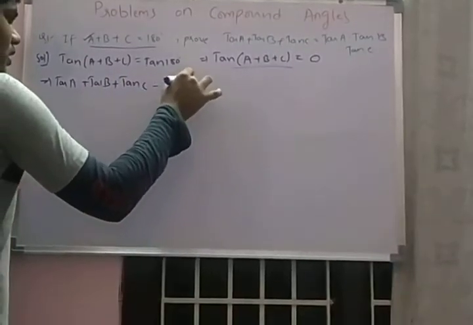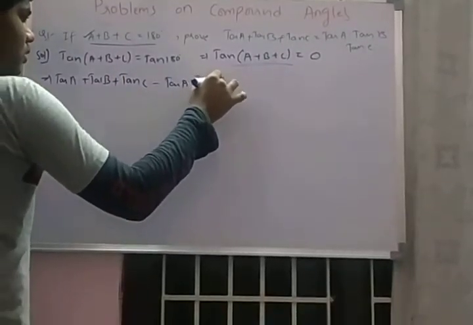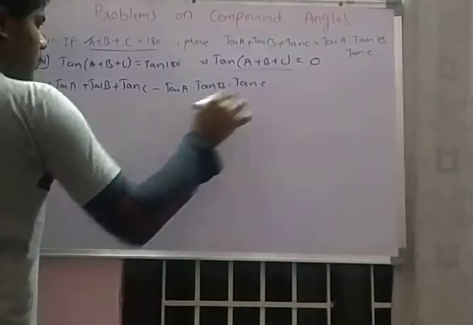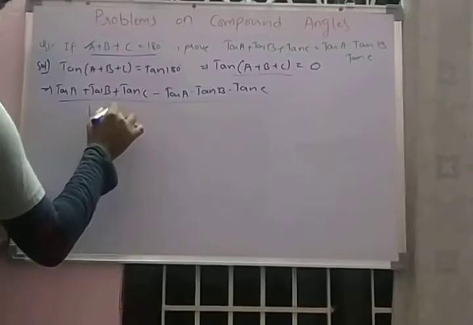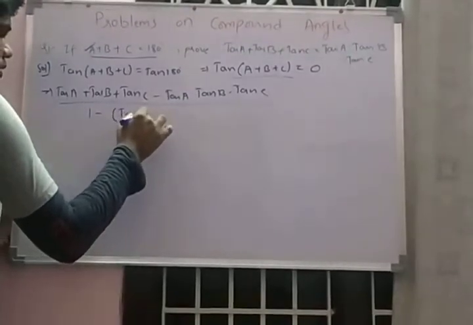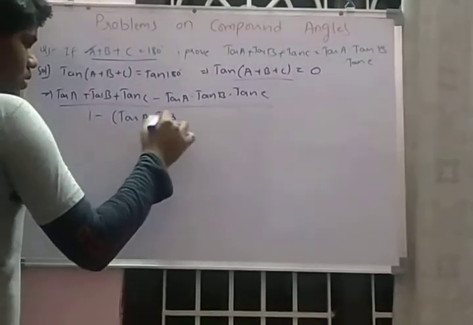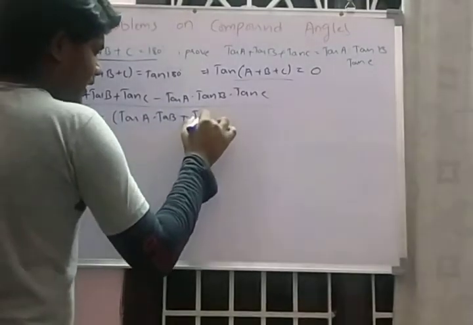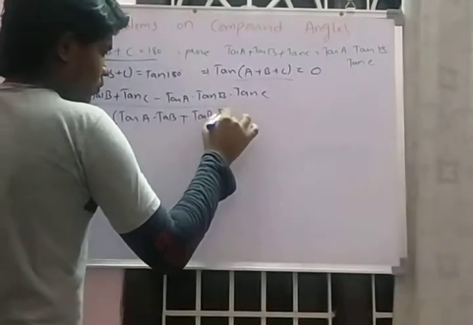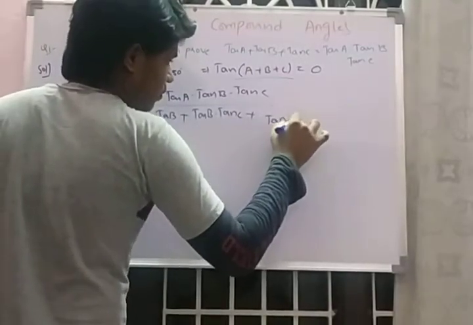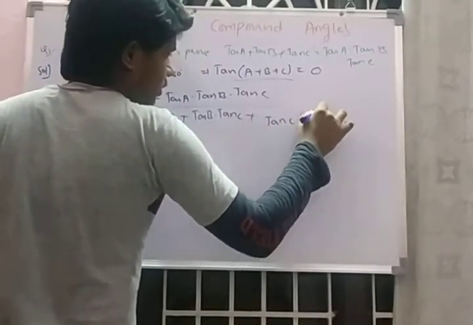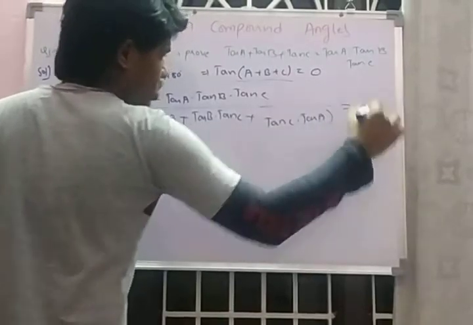minus tan A tan B tan C divided by 1 minus tan A tan B plus tan B tan C plus tan C tan A. This equals 0.